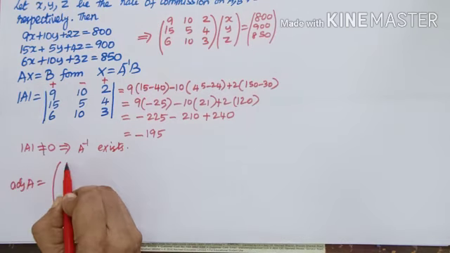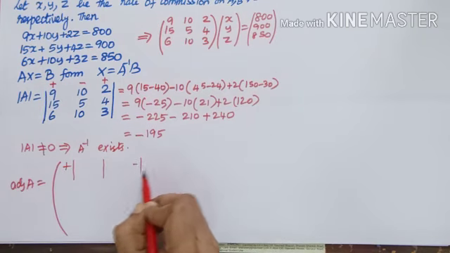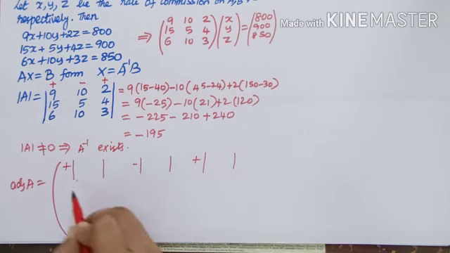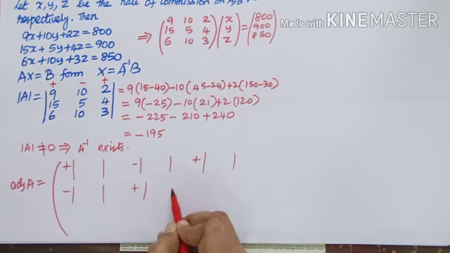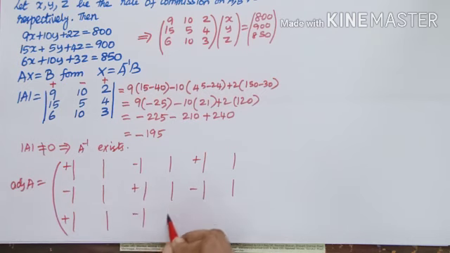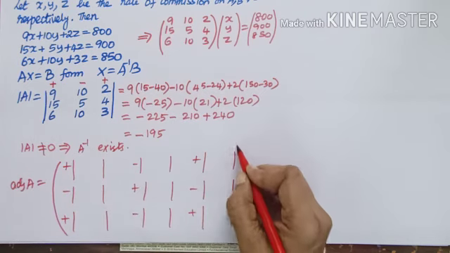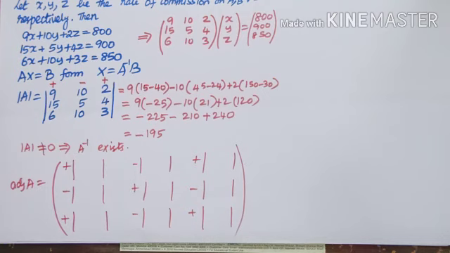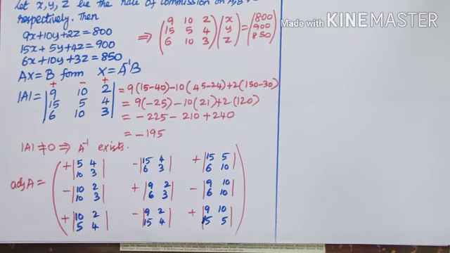Remember the symbols? Plus, minus, plus. Now that you have done many problems, you can try these steps yourself and check whether you are able to fill the terms. Try to write the terms and check whether you are getting the same answer.